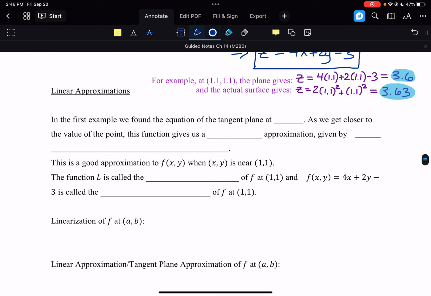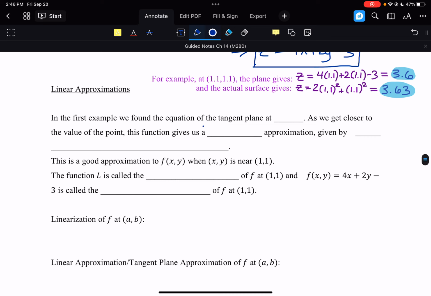So, linear approximations. In the first example, we found the equation of the tangent plane at the point 1, 1, 3. As we get closer to the value of the point, the function gives us a better approximation given by L of x y equals 4x plus 2y minus 3.